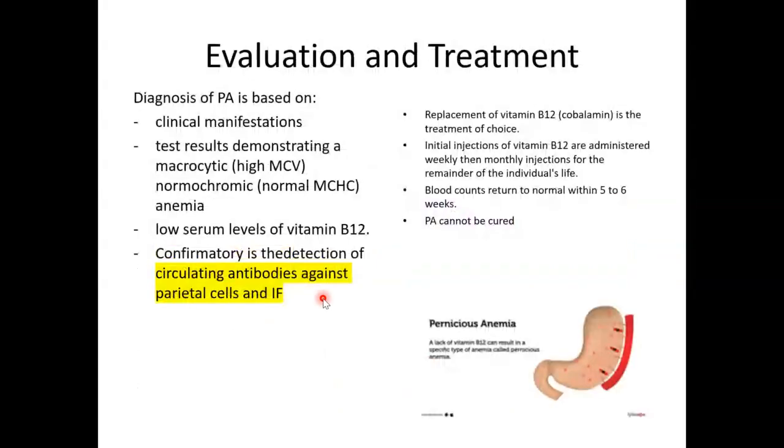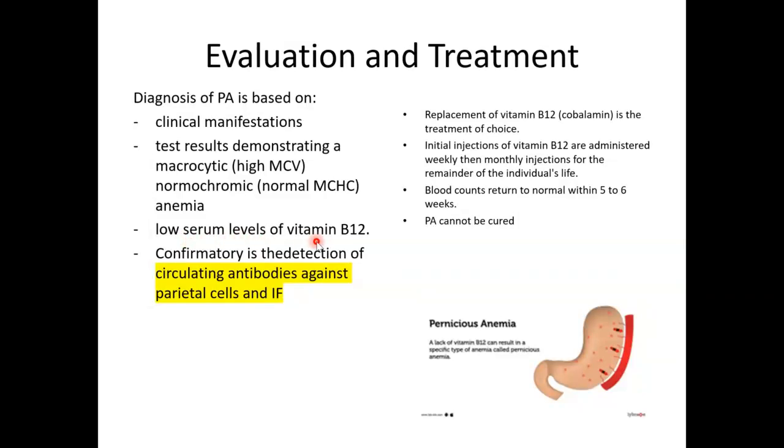So how do we evaluate it? The diagnosis of pernicious anemia is based on the clinical manifestations that we just talked about, and test results demonstrating a macrocytic anemia. Well, how do we know macrocytic? This is super important to know. I'm going to definitely quiz you on this. Macrocytic, they have a high MCV, big cell volume, okay, normochromic, the MCH and MCHC are normal, that's not a problem.